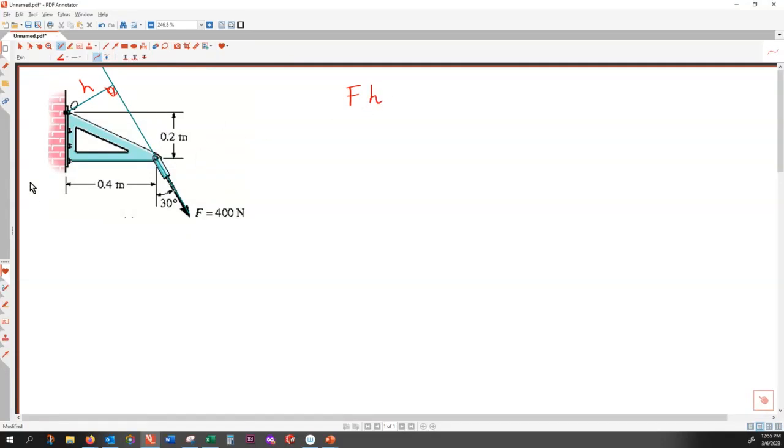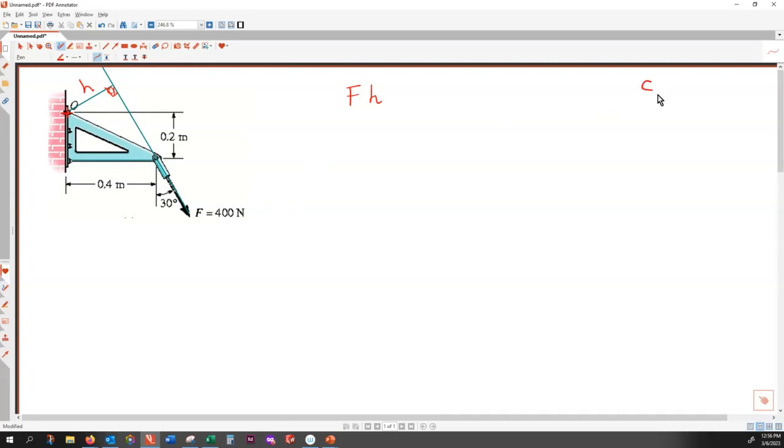Is this going to be clockwise or counterclockwise, Nguyen? If this is a poster which is only fixed to the wall by a tack pin here, and then I apply this force, this poster is going to rotate clockwise, isn't it?